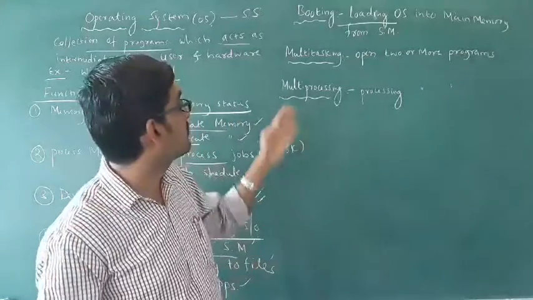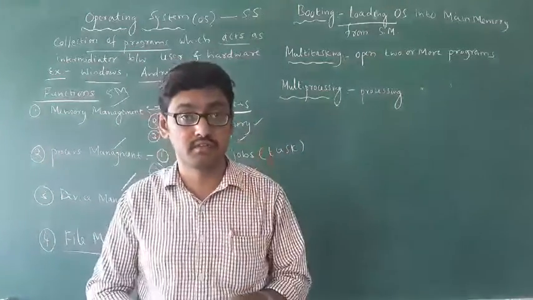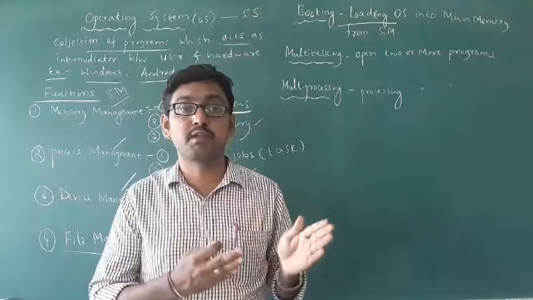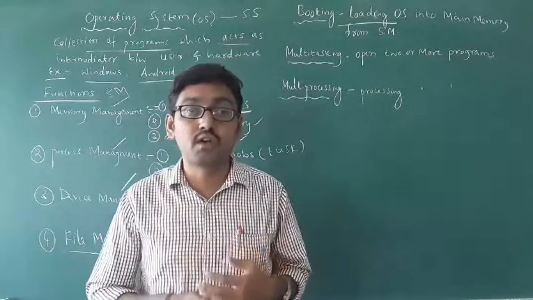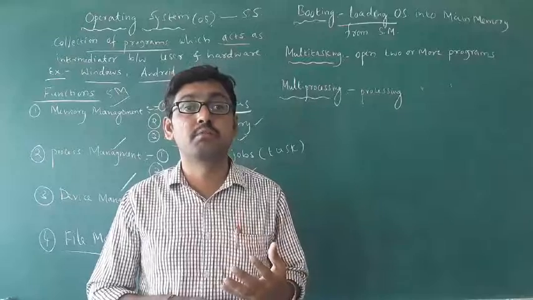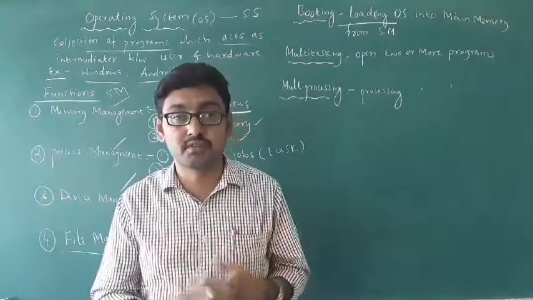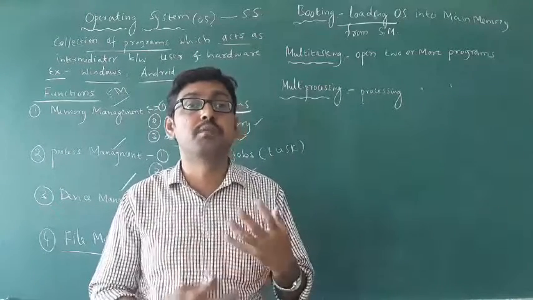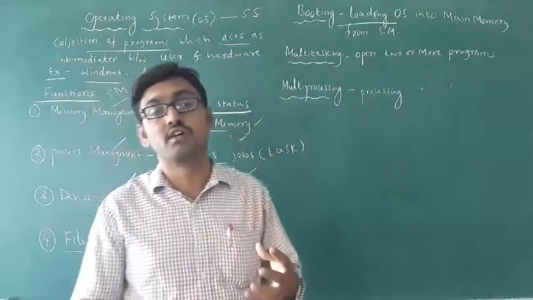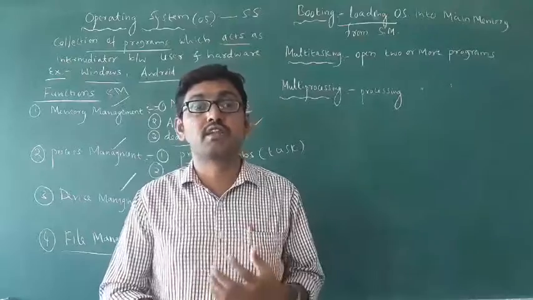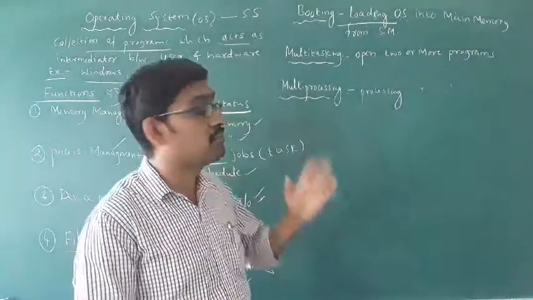The next one is multiprocessing. Multiple processing; processing means calculation. If you want to process multiple tasks, two or more tasks at a time, then that process is called multiprocessing.